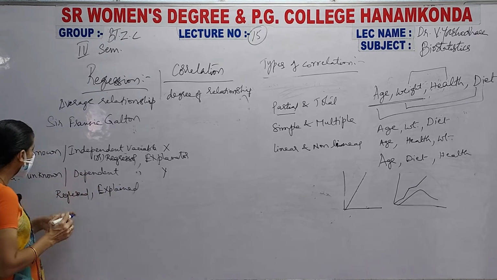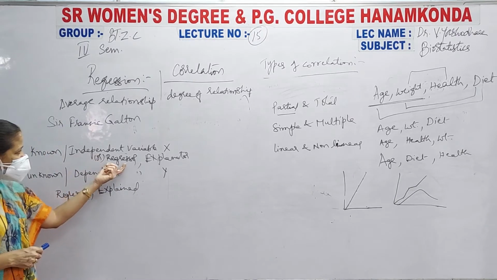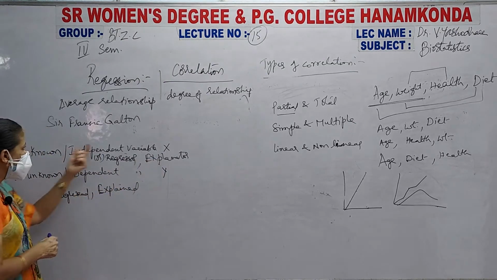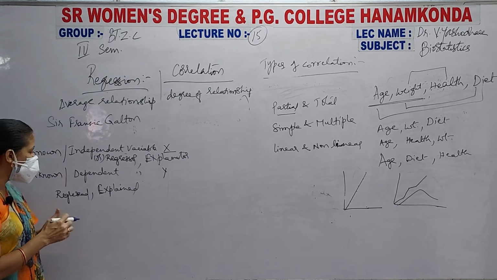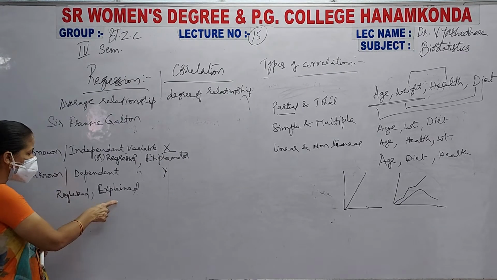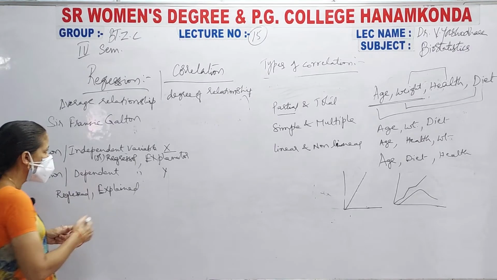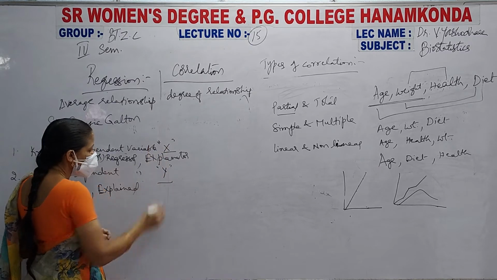See here, the independent variable is also known as known variable or regressor variable or explanator, and it is denoted by the alphabet X. Now the dependent variable is also known as unknown variable or regressed variable, or it is also known as explained variable, and it is denoted by letter Y.